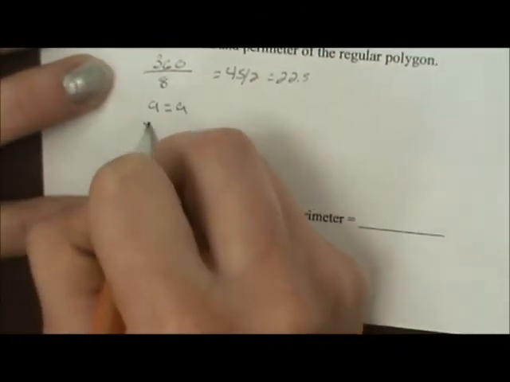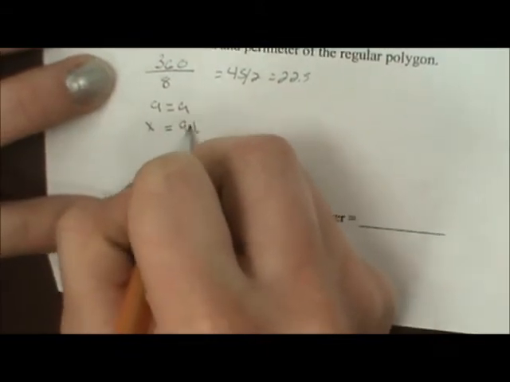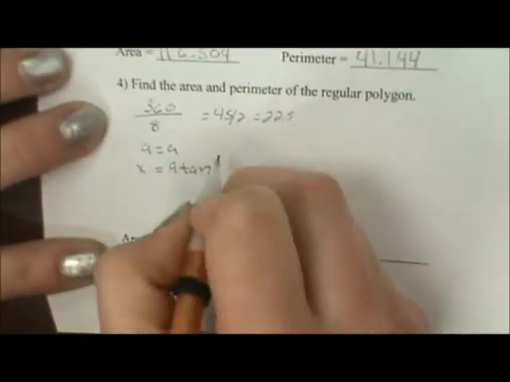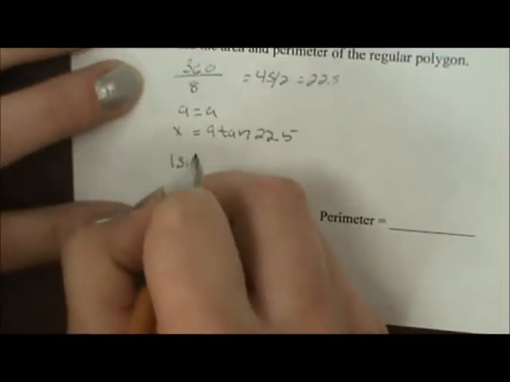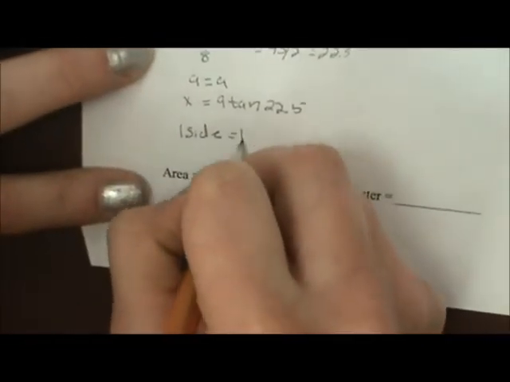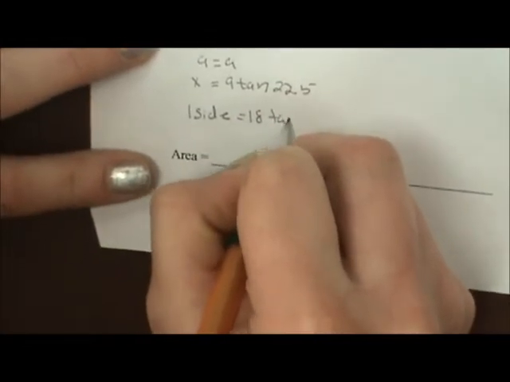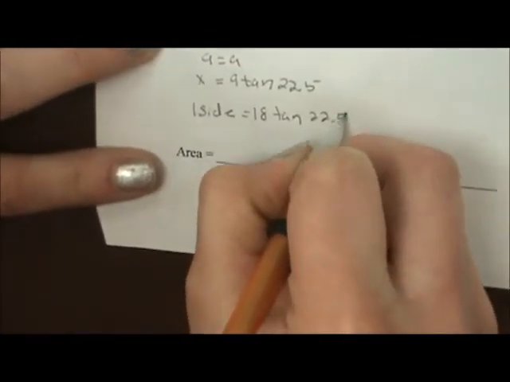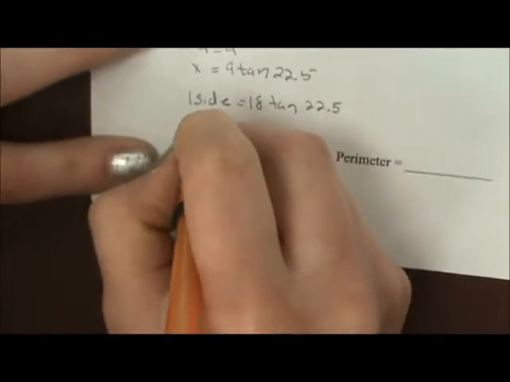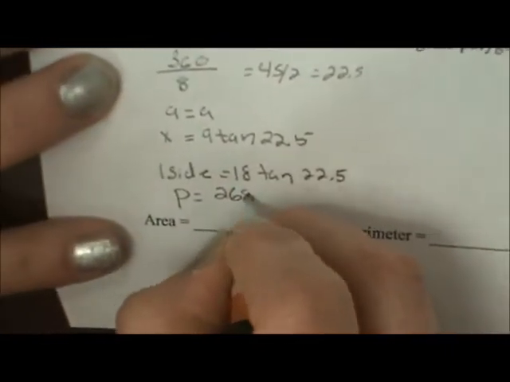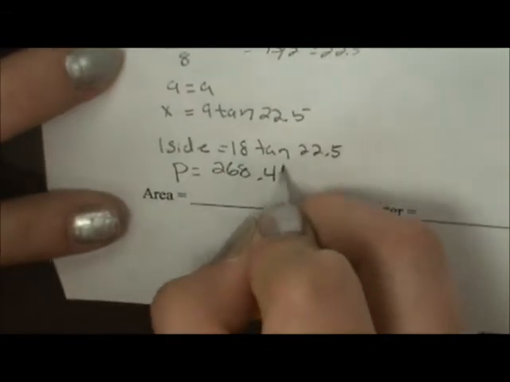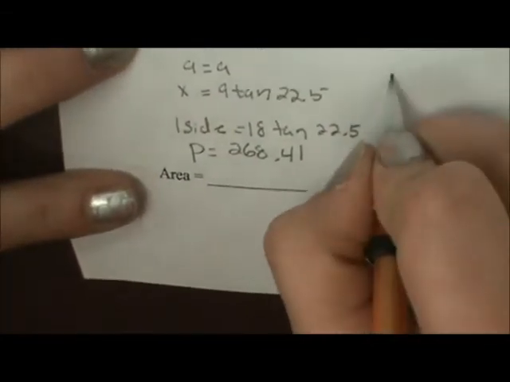So we have A equaling A and x equaling A tangent 22.5. The side equals 18 tangent 22.5. And P equals 268.41.